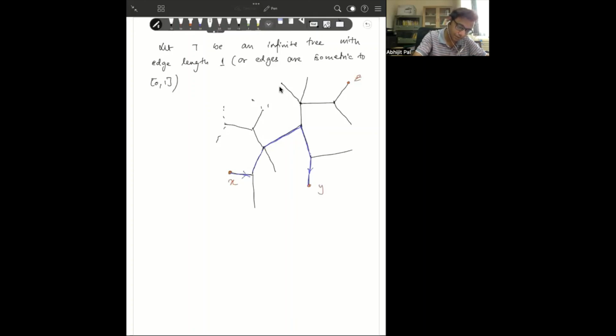Let us draw it with this green color. Some portion of the geodesic joining x and z will overlap with the blue geodesic. So this green one will be the geodesic joining x and z. And what will be the geodesic joining y and z? It will be this.